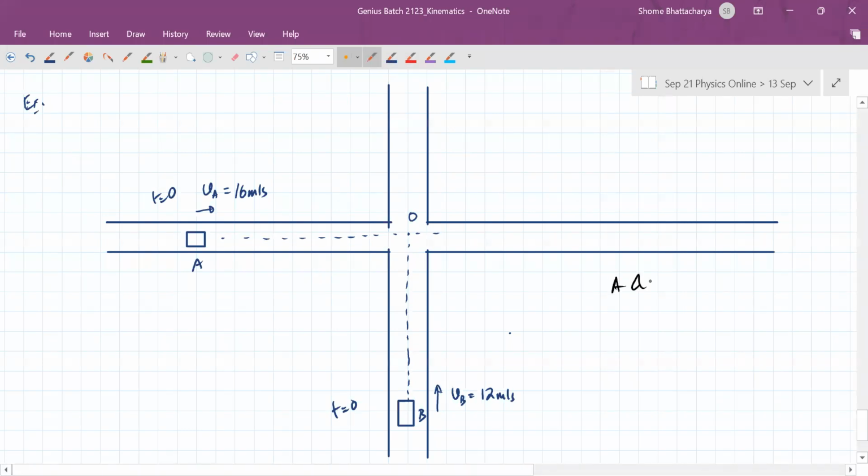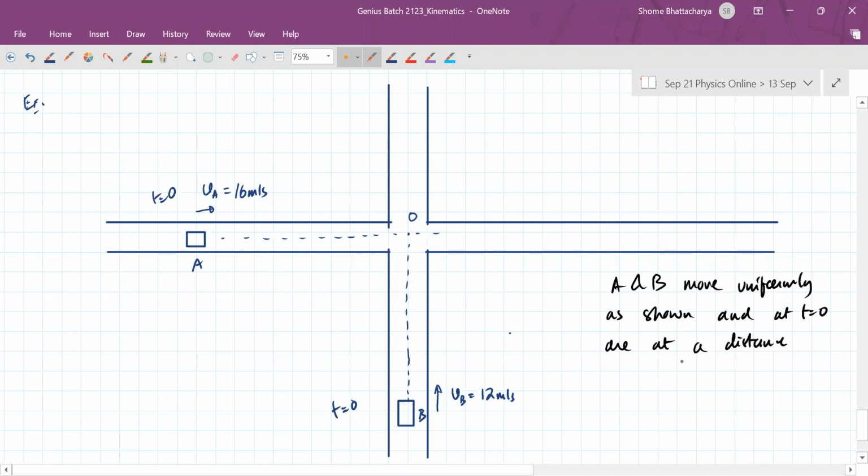So A and B move uniformly as shown, and at t equal to 0 are at a distance of, let's say, 50 meters each from the intersection O.